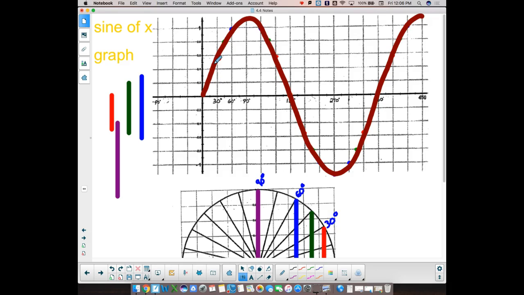Likewise, if I would have gone back this way, like that. Okay, so that pattern is always going to continue. Anybody know what those are called? Repetitive, continuous type things with waves. Those are called sinusoidal functions. Okay? Right?